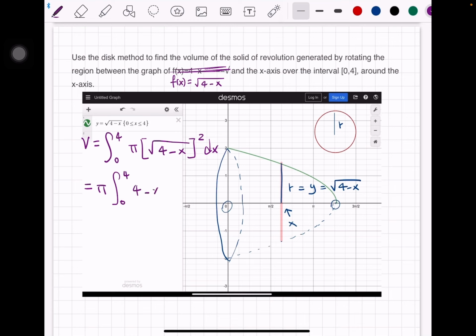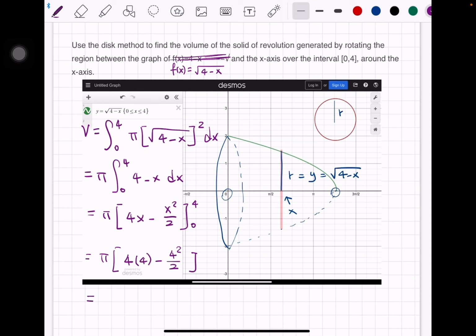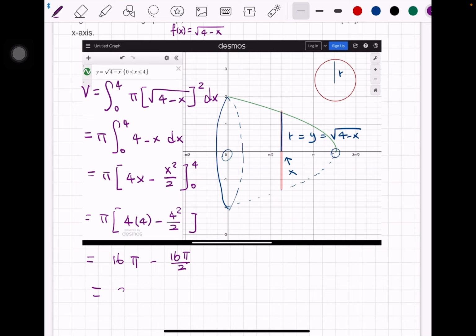Put the pi out front because pi is a constant, and the square root and the square cancel each other. We end up with 4 minus x. The antiderivative is 4x minus x squared over 2. Evaluate from 0 to 4. We end up with 16 pi minus 16 pi over 2, which is 8 pi.